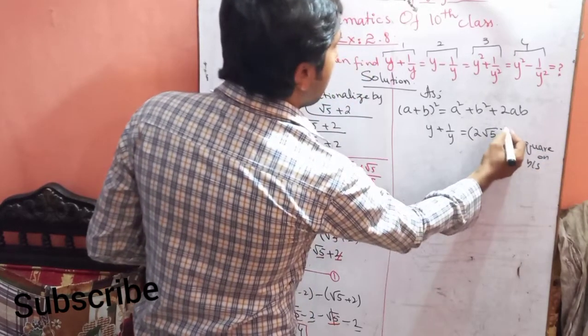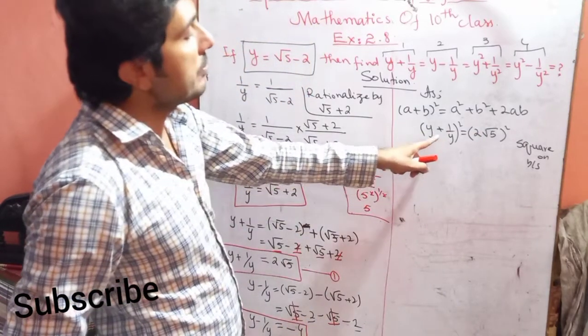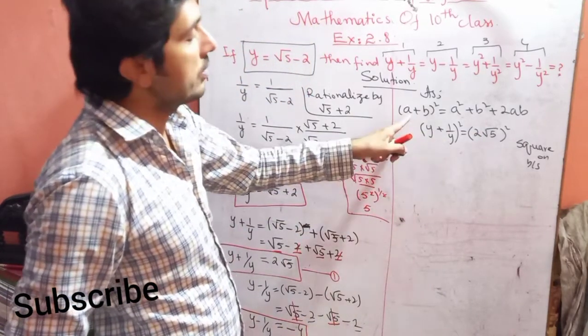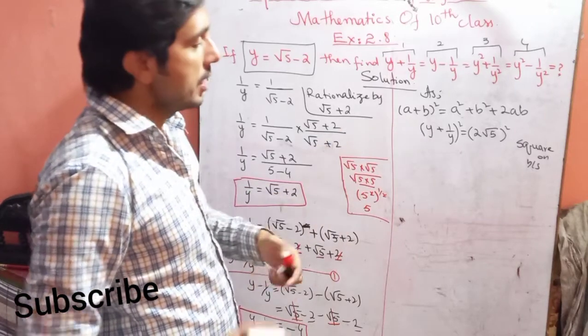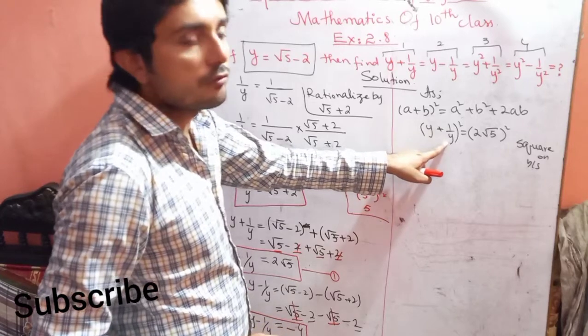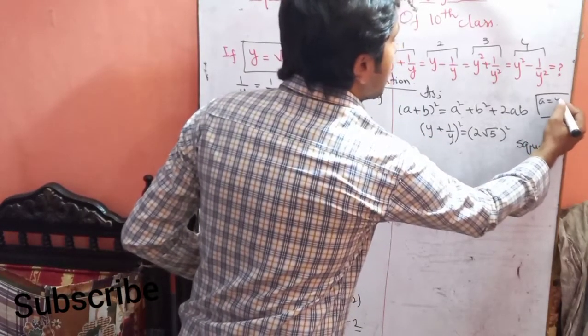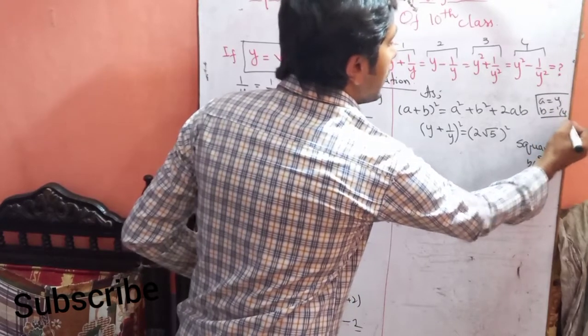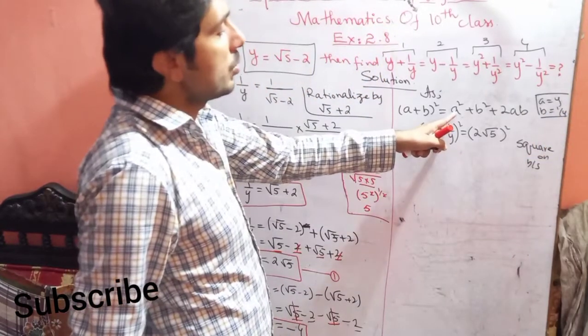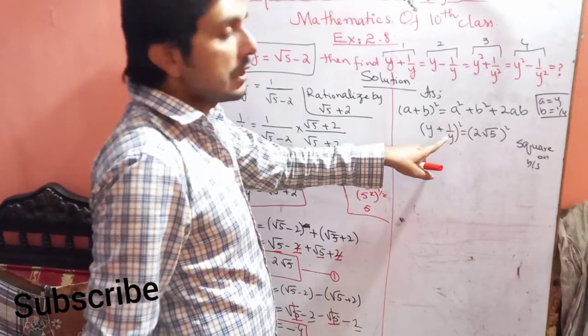When you are solving this y plus 1 upon y, you are going to apply the formula of the perfect square. Here a is equal to y and b is equal to 1 upon y. You can even mention this in the rough work as well. Wherever in this formula a comes, you have to write down y, and wherever b comes, you have to write down 1 upon y.